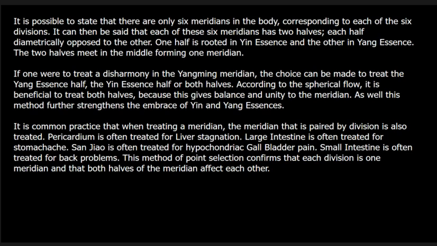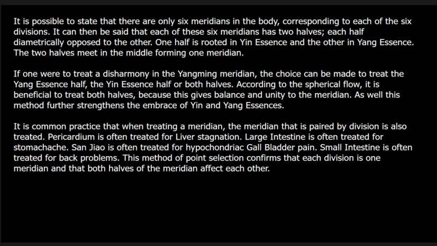It is possible to state that there are only 6 meridians in the body, corresponding to each of the 6 divisions. It can then be said that each of these 6 meridians has 2 halves, each half diametrically opposed to the other. One half is rooted in yin essence and the other in yang essence. The 2 halves meet in the middle, forming one meridian.